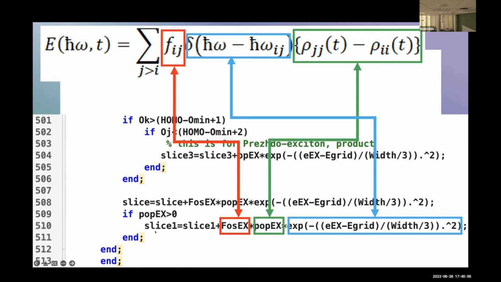So the resulting variable slice is the probability to emit a quantum at a certain wavelength at a certain time.